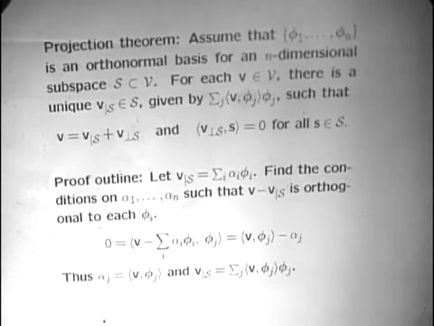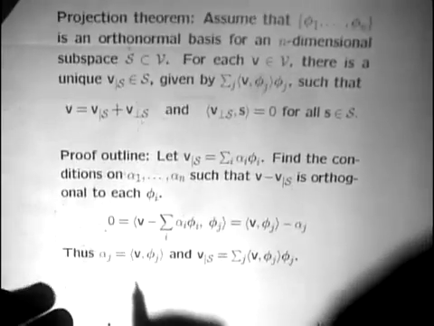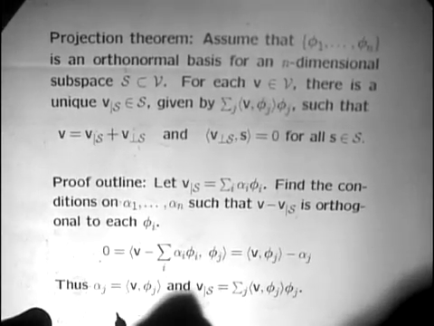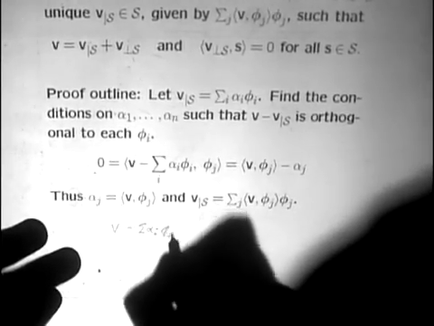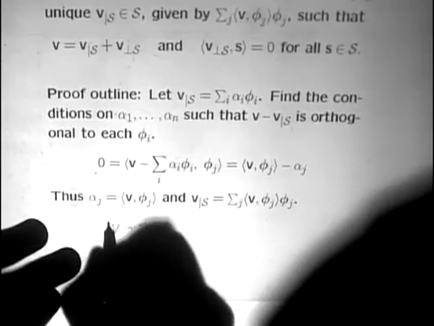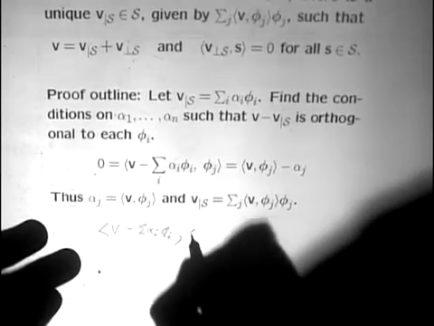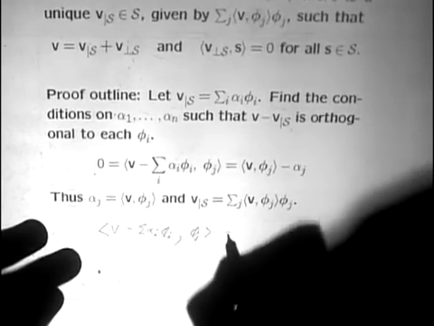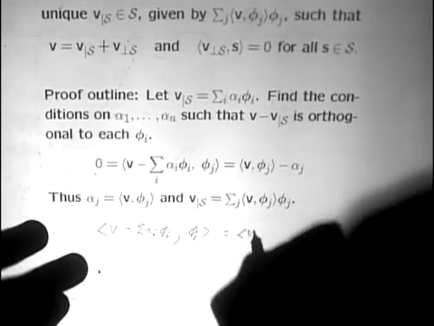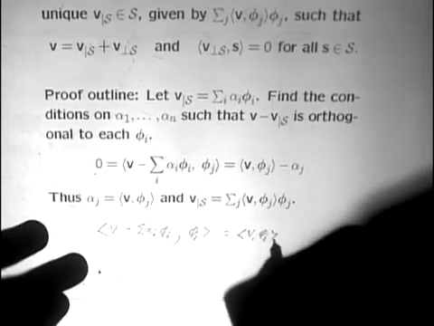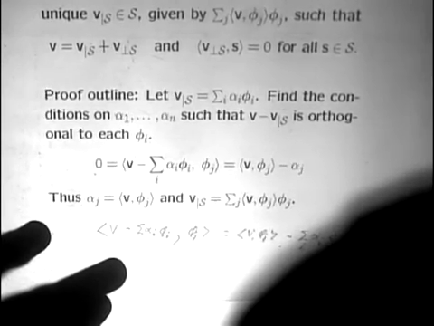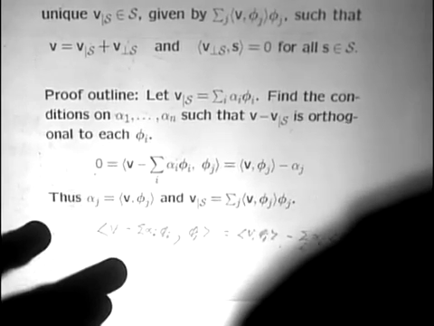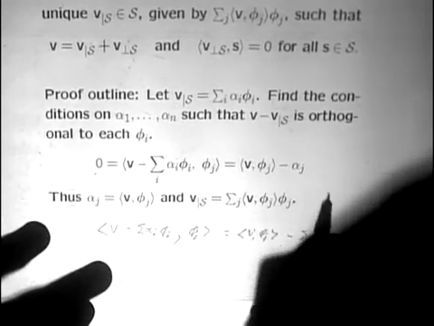Let me write that here. The inner product of V minus sum alpha i phi sub i, comma phi sub j, is equal to the inner product of V with phi sub j minus the summation over i of alpha i times the inner product of phi sub i with phi sub j, which is equal to this.